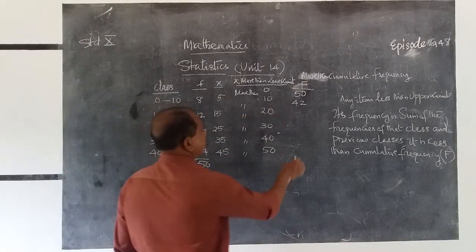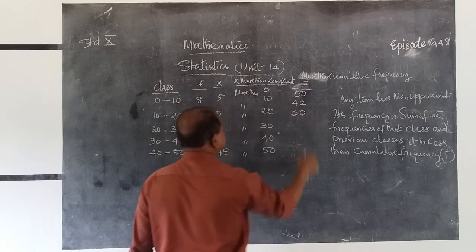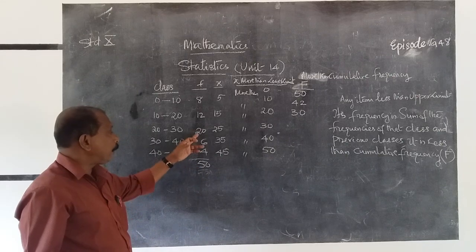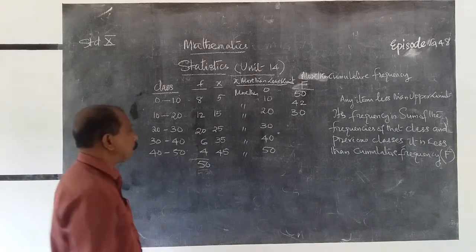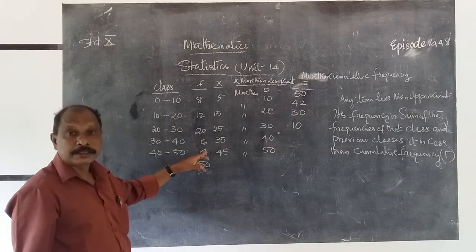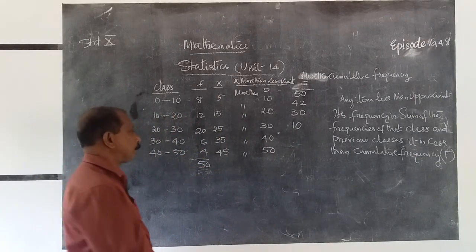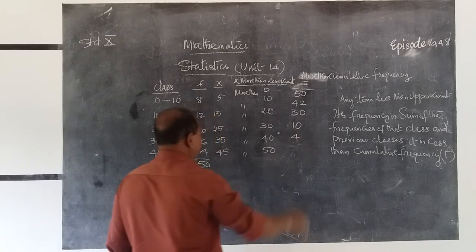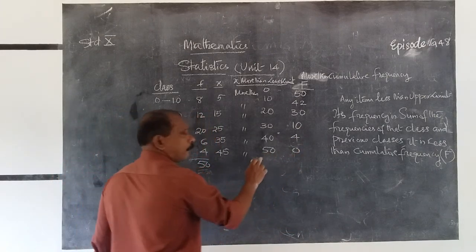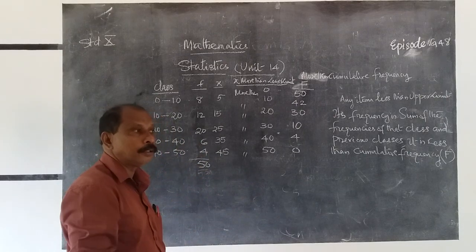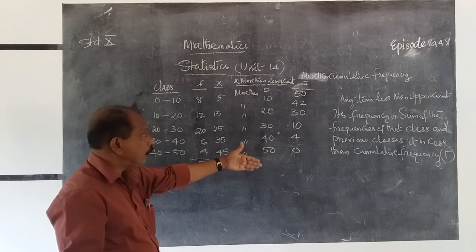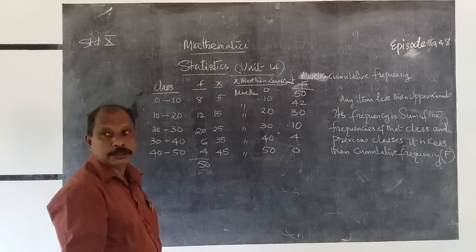That is 30. Then from 30, 20 is subtracted. Therefore, it is 10. From 10, 6 is subtracted. That is 4. Then 4 minus 4, that is 0. That means there are no numerical values for more than 50. That means upper range is 50. Therefore, this is the more than cumulative frequency.